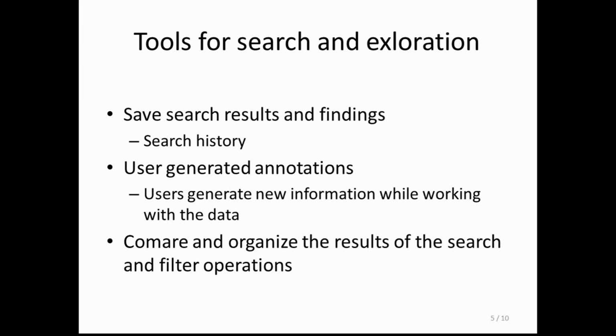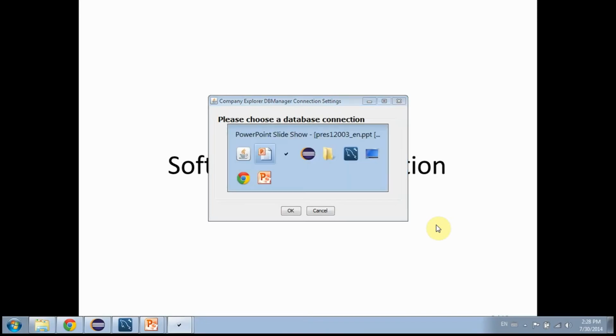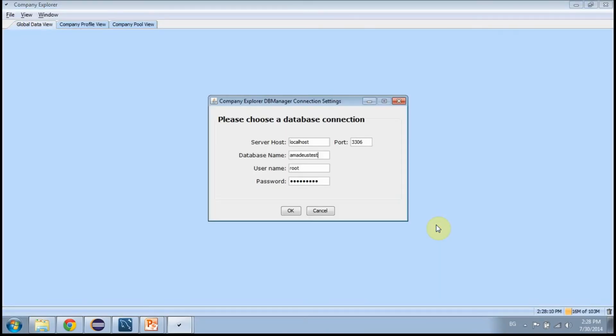Then we need to provide intuitive tools for searching and filtering and for data comparison. Now I will show a software which illustrates those concepts.